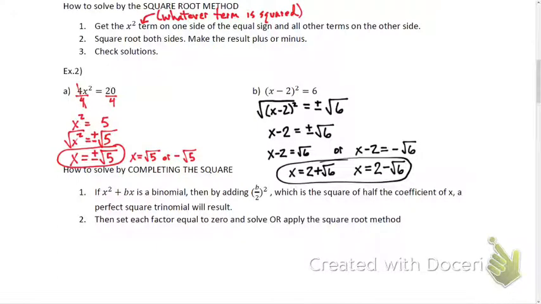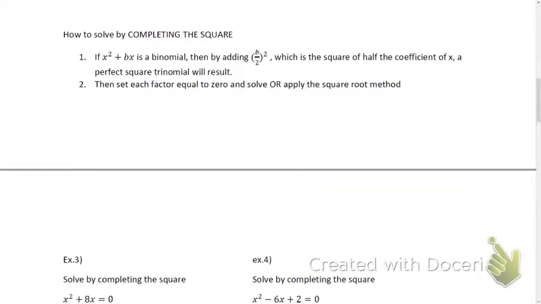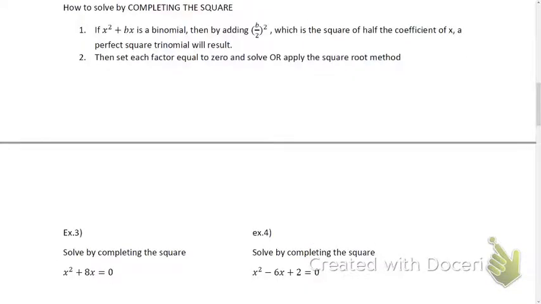All right, let's move to completing the square. A little harder. Some people prefer completing the square. Other people hate it because it's just so weird. What we are going to do is take the coefficient in front of the x, half it and square it.